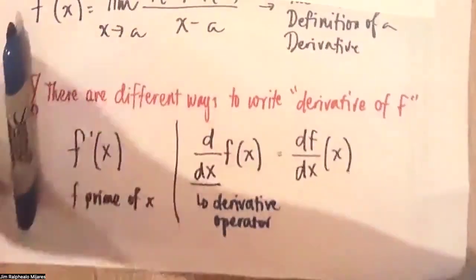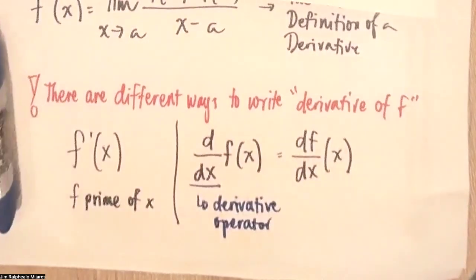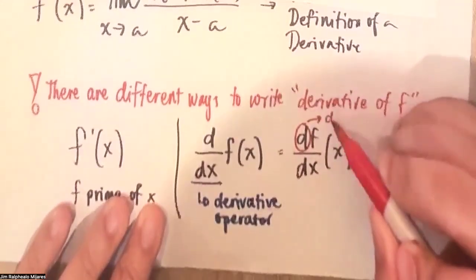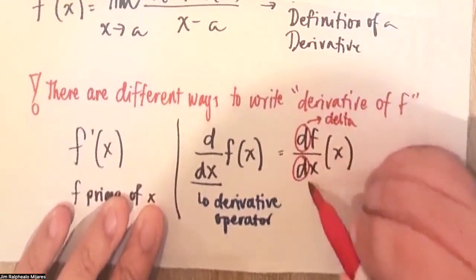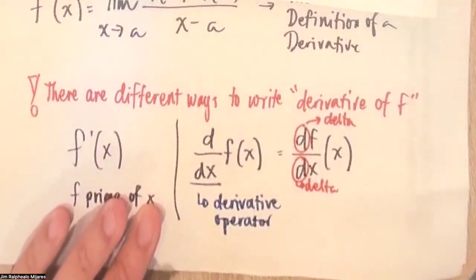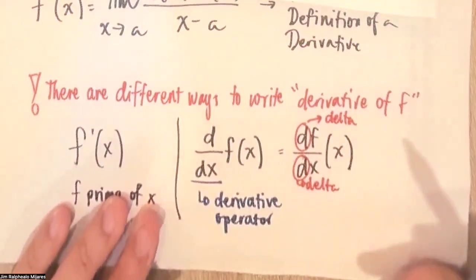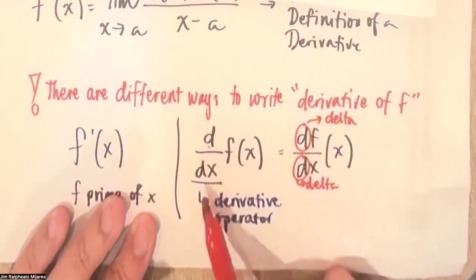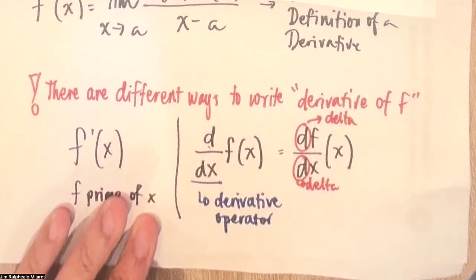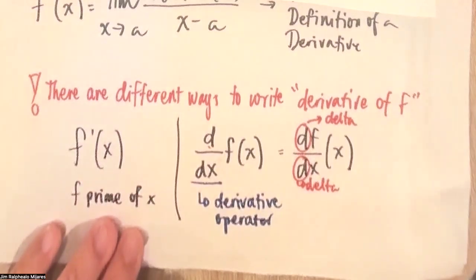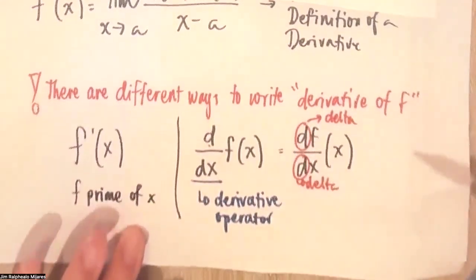By the way, why is it called d? D is essentially delta, meaning change. So in essence, this is change in f all over change in x, or otherwise, change in y all over change in x. What is that? That, my friends, is the slope of the tangent line.